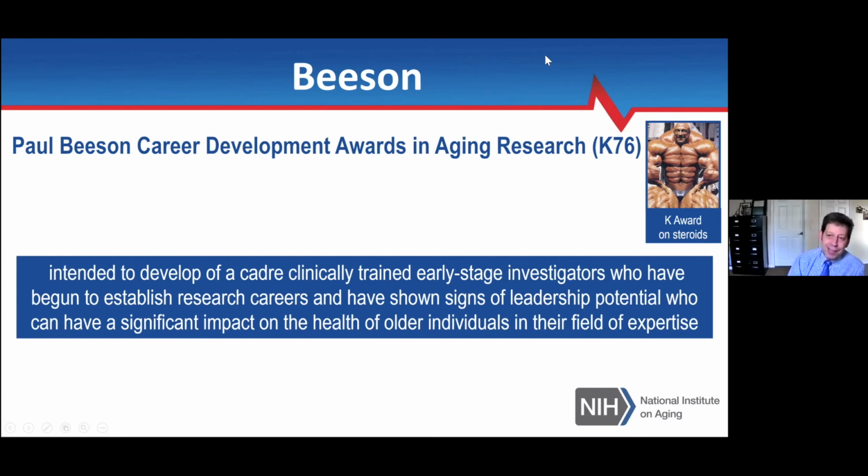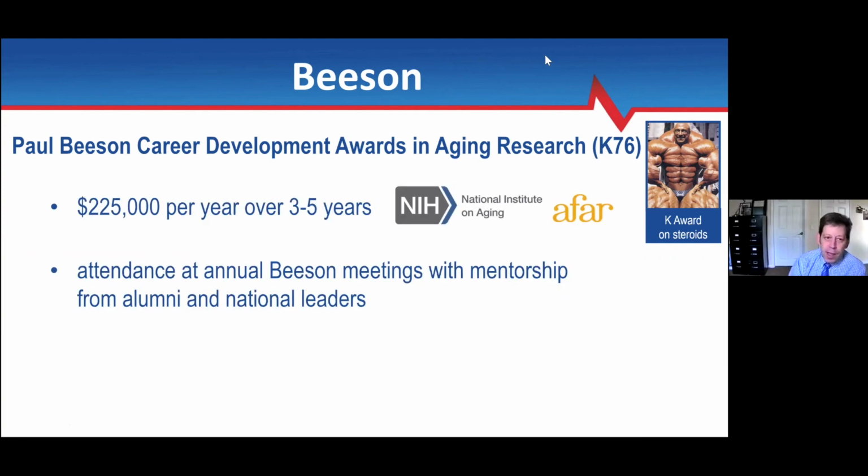And this is classically thought of, and I apologize for the photograph, as a K award on steroids. It is $225,000 per year without a cap on the salary that you may receive as part of that. Of course, the NIH salary cap still applies.